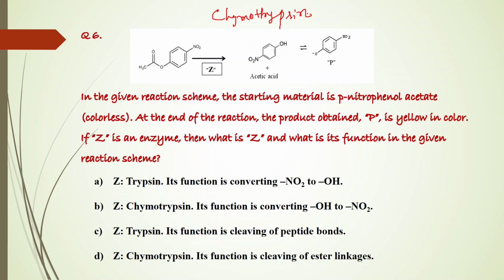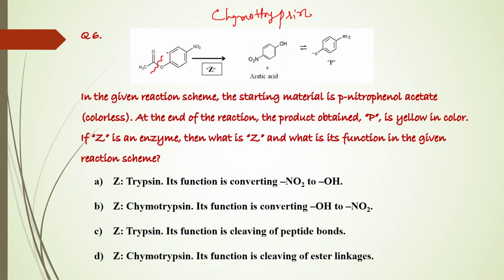Now, chymotrypsin can also act for the cleavage of ester bonds. What kind of bond is breaking here? An ester bond has been broken here. That is, a cleavage of this ester linkage is happening in this case.